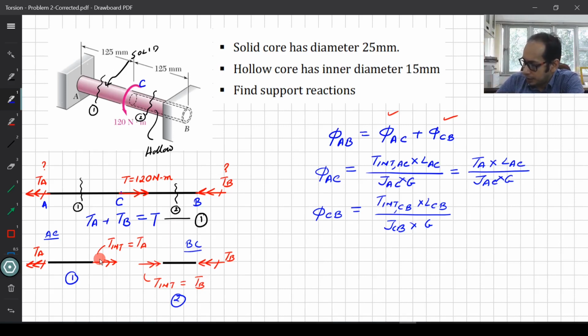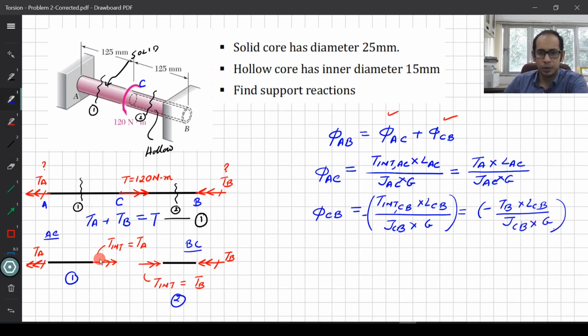So here this is going to be minus of TB. So I should write a minus right here as well: minus TB times LCB divided by JCB times G. Okay, so I have written down the internal torques that we have over here.